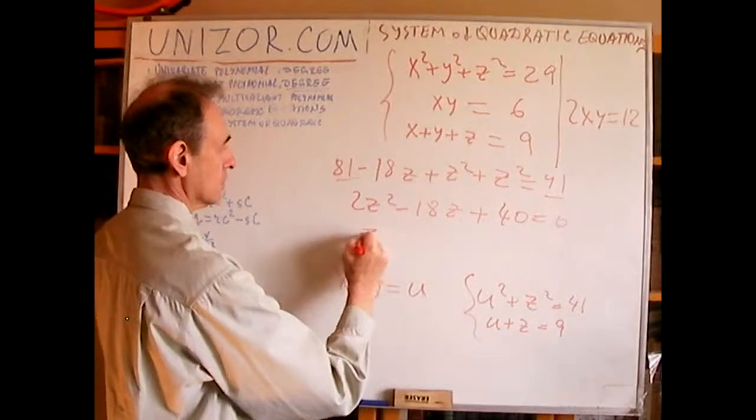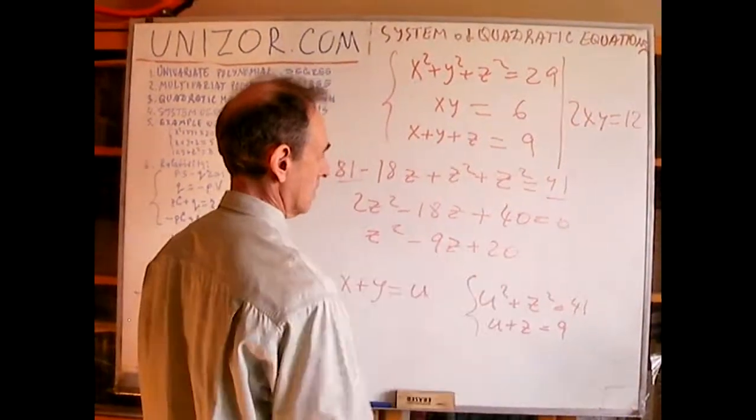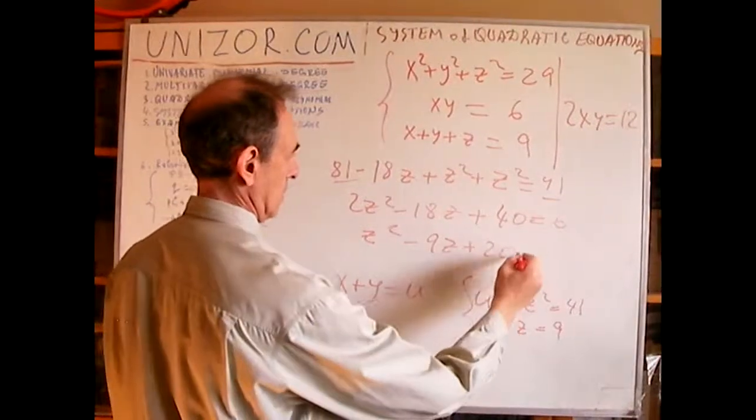Reduced by 2: z squared minus 9z plus 20 equals 0.